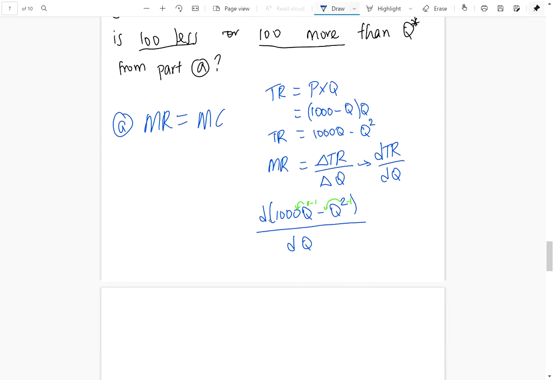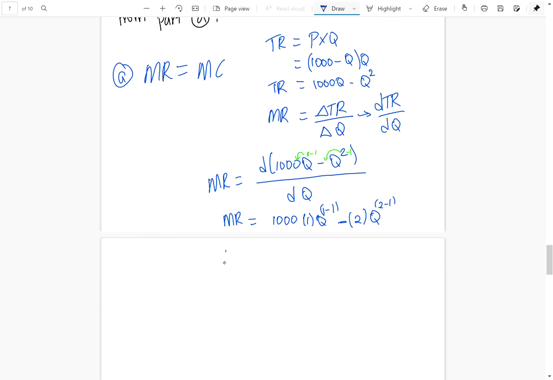For the first term, we have 1,000. So marginal revenue is equal to 1,000 times 1 times Q raised to the power of 1 minus 1, which is 0, but we'll come back to that, minus 2, because we're bringing that 2 down, times Q raised to the power of 2 minus 1. We can put these in parentheses too.